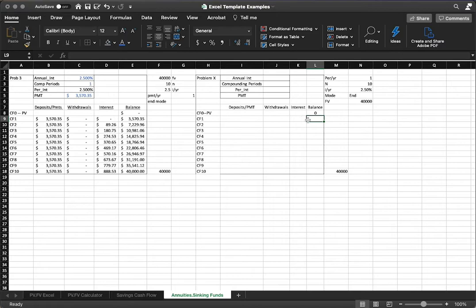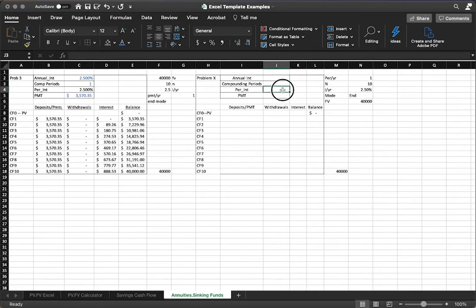Okay. Now we need to account for our interest when we get to cash flow 1. And let's make sure that we have all of this formatted appropriately. We're going to highlight the whole thing and hit accounting mode. The other thing we're going to do is plug in our annual interest, so we're going to want to highlight that blue. We're going to plug in our compounding periods as blue.